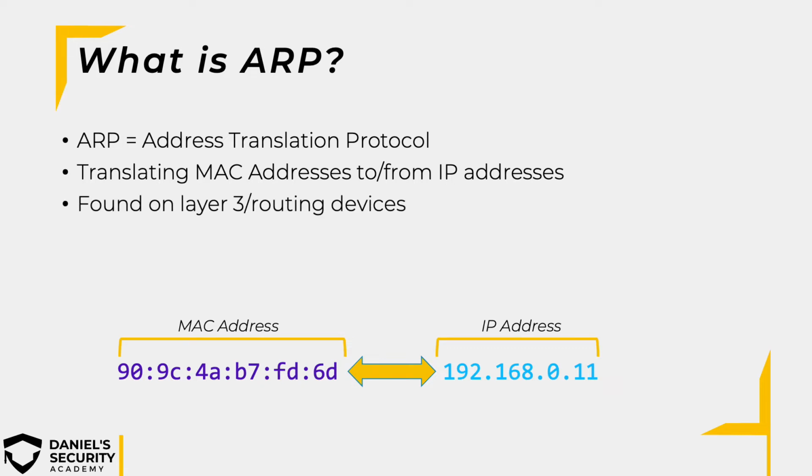And this functionality can be found on layer 3, like routing devices, but also on layer 2 devices like switches, because this is a function you will see on both layers.